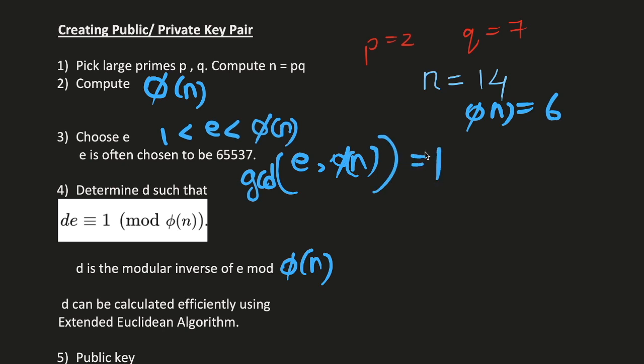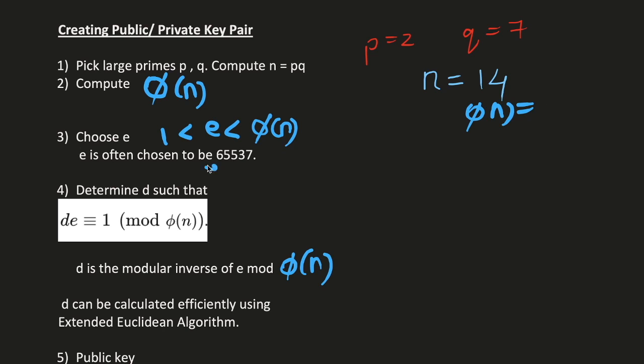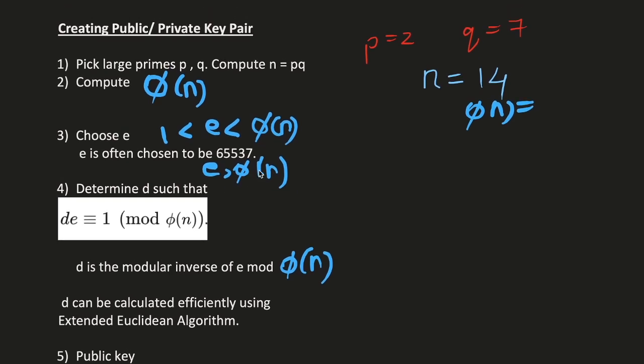So E and phi of n have to be relatively prime, or co-prime. If we can meet these two conditions, then we can pick E. In our example, E has to be a number between 1 and 6, so the choices of E are 2, 3, 4, and 5.